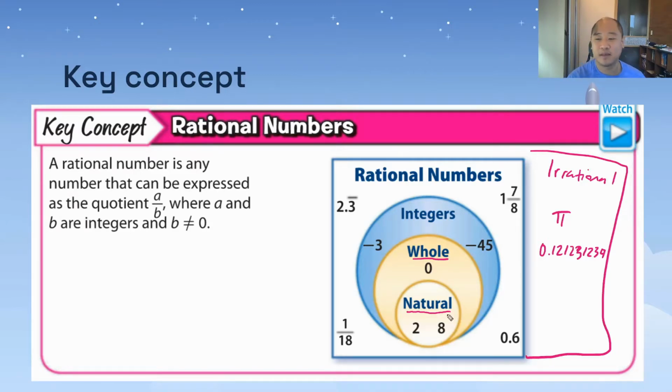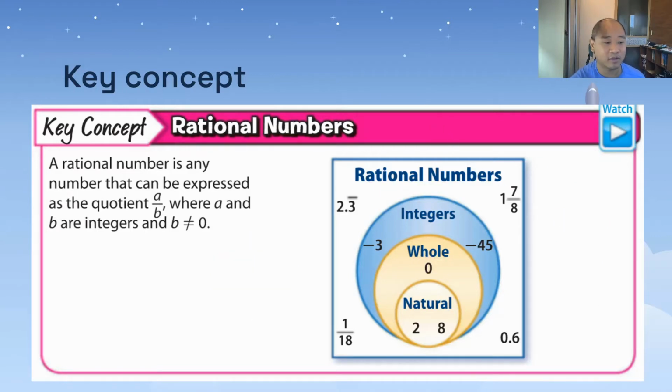Okay. And then these numbers, these are all called real numbers. Real numbers, the rational and irrational numbers. And then there's another set of numbers off to the side that are called imaginary numbers, which you won't have to worry about yet. We're not there. We're just here talking about rational numbers. I just wanted to give you some of those other words so that you'll have heard about them.